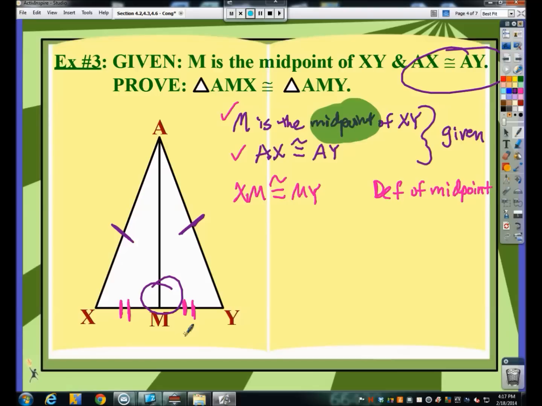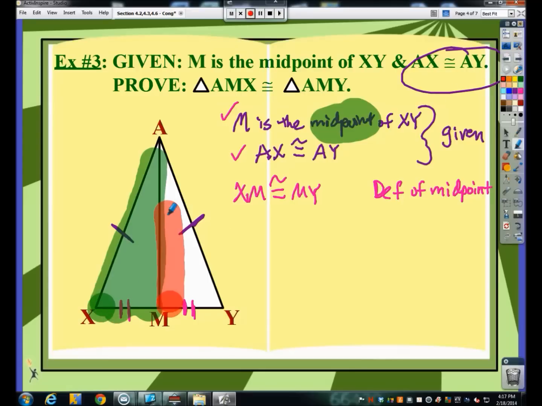No, not necessarily. What about these two angles up here? Do we know they're the same? Not necessarily. The one thing that these two triangles have in common, if you haven't noticed, is side AM, right? They both use it. So side AM in this triangle is the same side AM in this triangle.